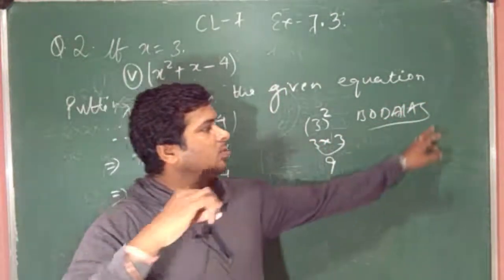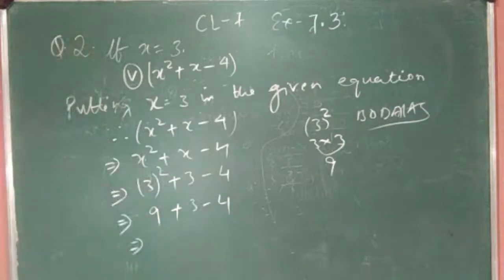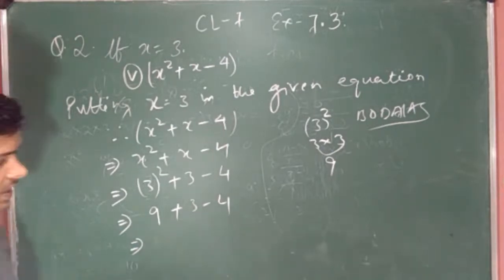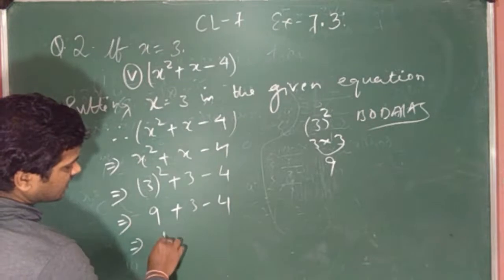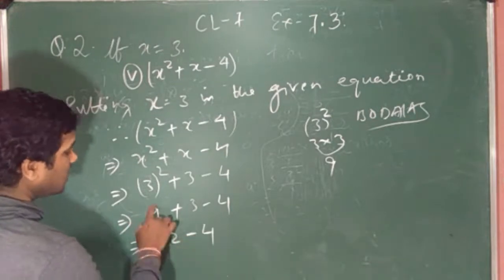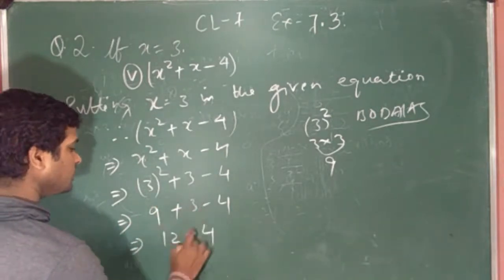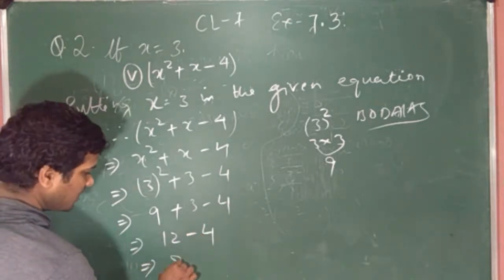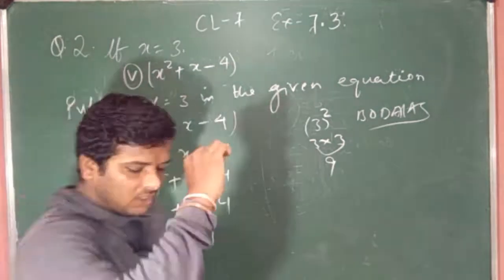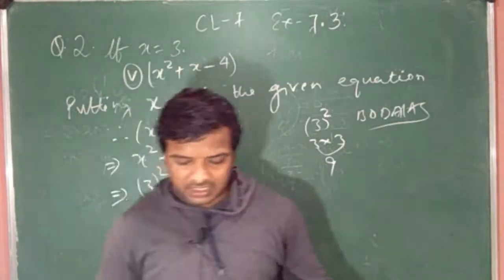In BODMAS, subtraction we always do at the end. That's why we cannot do it here. So 9 plus 3 is 12, minus 4. 12 minus 4 is how much? 8.